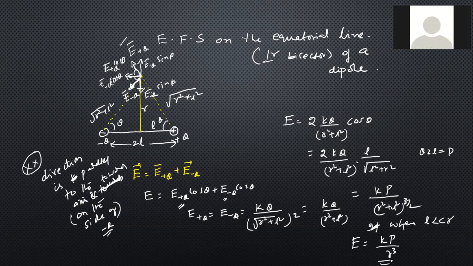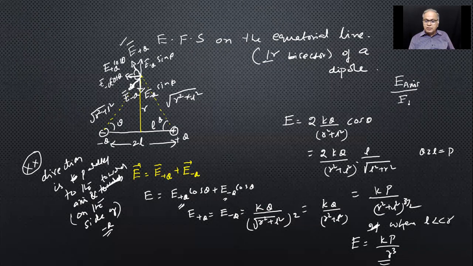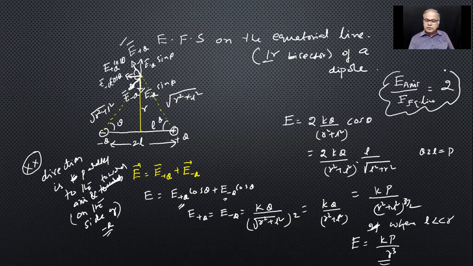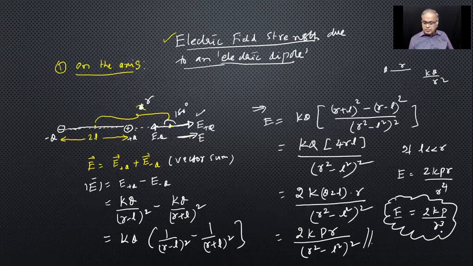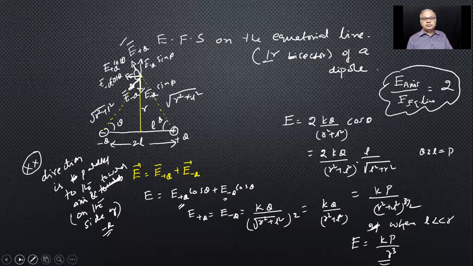You can notice it was 2kp by r cube on the axis. So E on the axis divided by E on the equatorial line for the same distance would be 2. This was 2kp by r cube. Refer back, 2kp by r cube. Here it is kp by r cube. Okay.